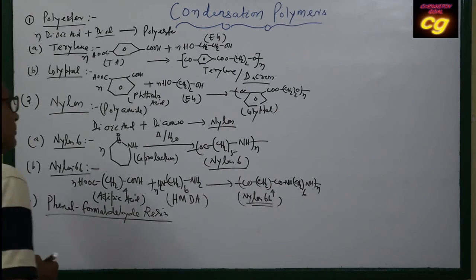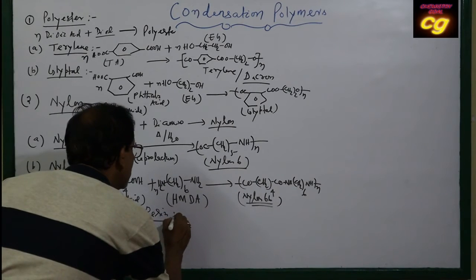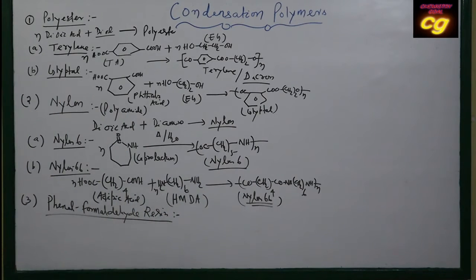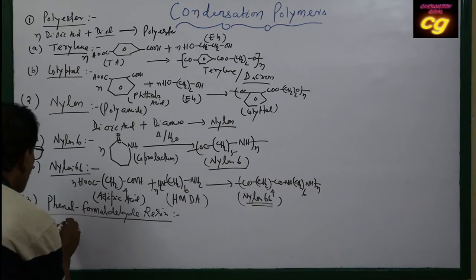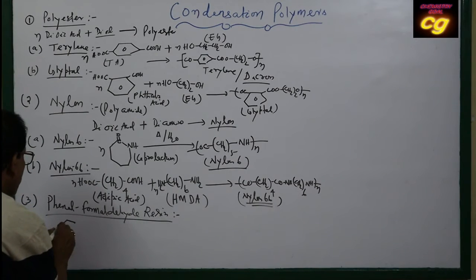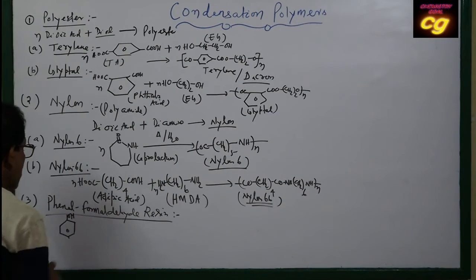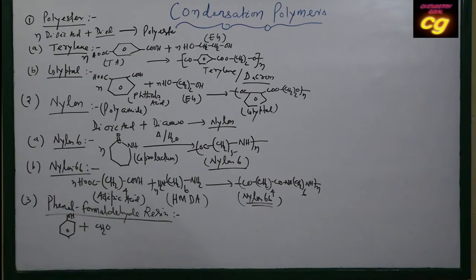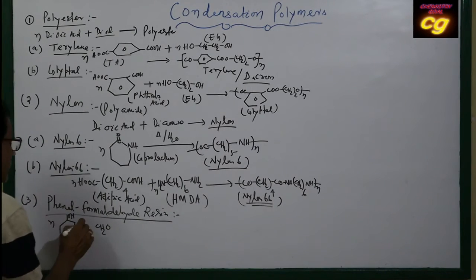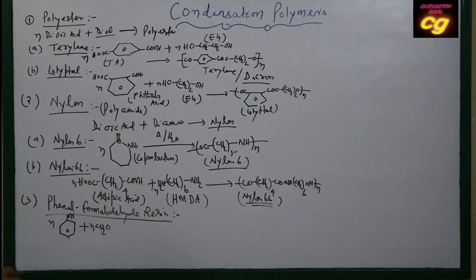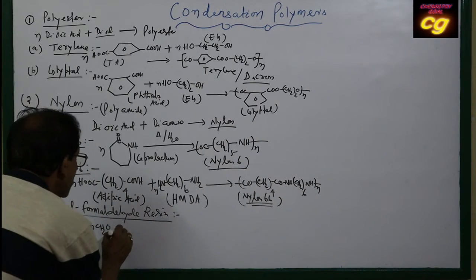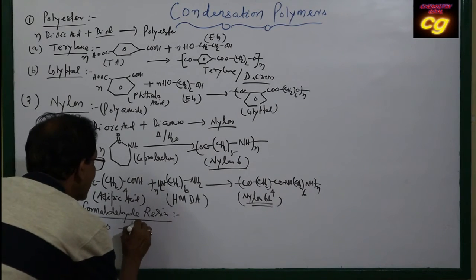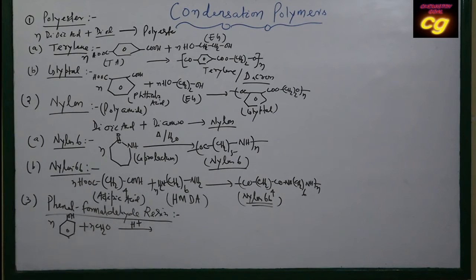It is produced by the combination of phenol, this is the formula of phenol with OH, and formaldehyde, short form CH2O. So n number of phenol combine with n number of formaldehyde in the presence of acid.